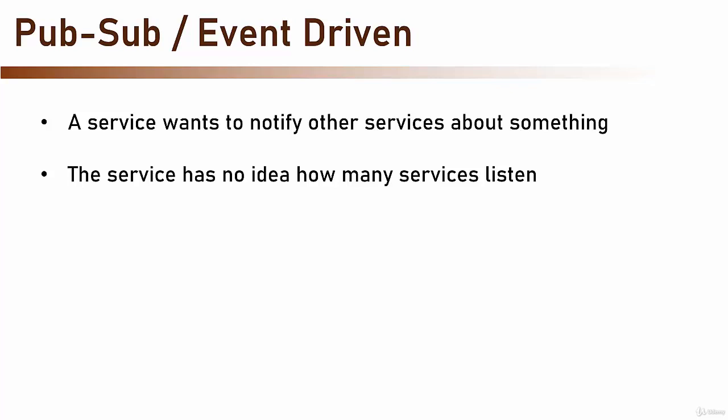With one-to-one async, the service usually directs the message to a specific service, even if it has no direct contact with it. With the PubSub or publish-subscribe, the service publishes a message, and other services who subscribe to this kind of message will receive it. The service doesn't know how many services are subscribed to the message it publishes, and it doesn't really care.